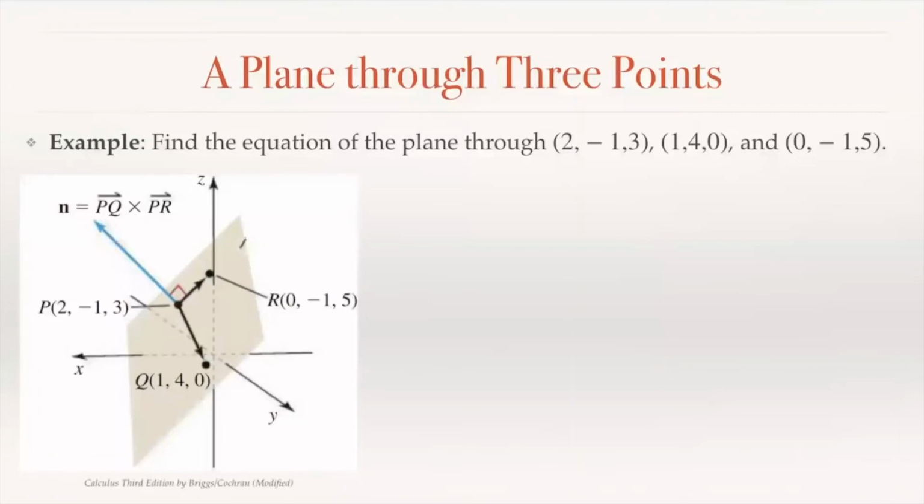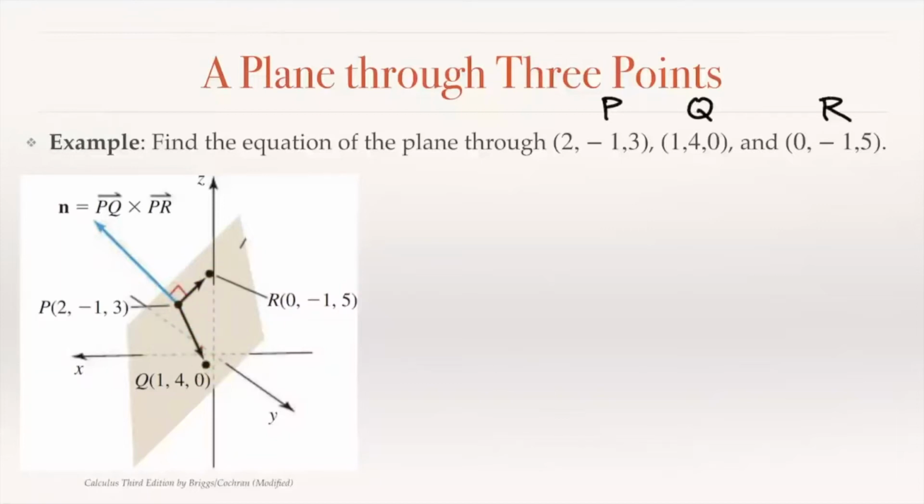Well, let's visualize this situation. So here's our points P, Q, and R, as we'll call them. And here's a visualization. There's P, Q, and R. And we want a normal vector to it. Well, this normal vector is by definition orthogonal to the plane, which means orthogonal to every vector spanning from a given point on the plane outward.